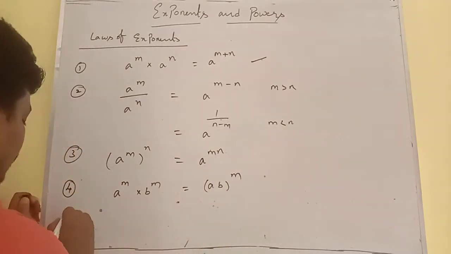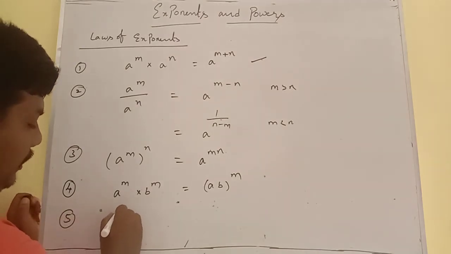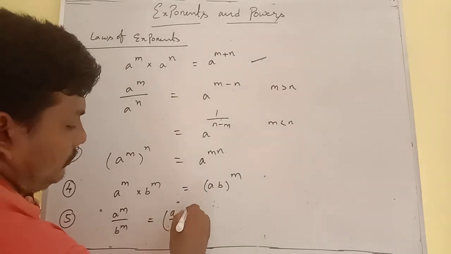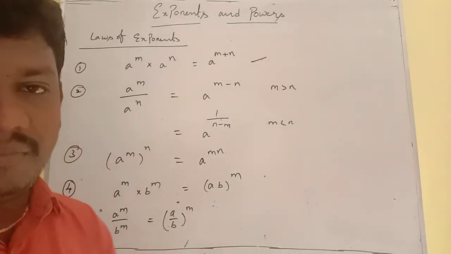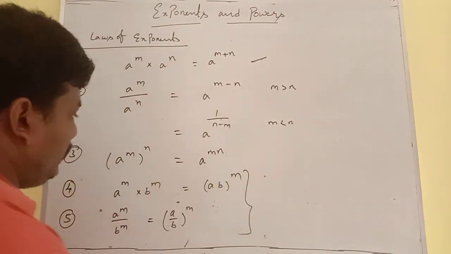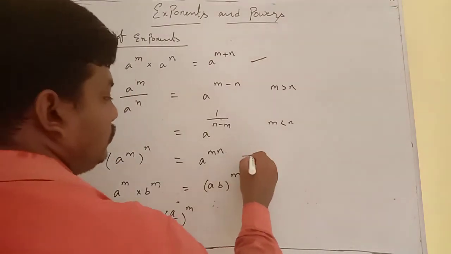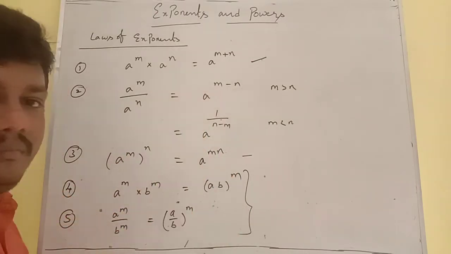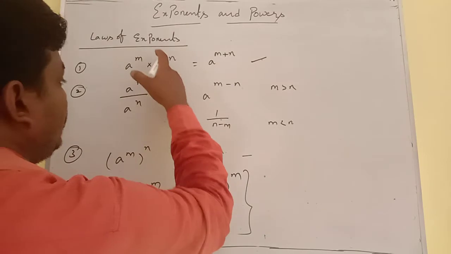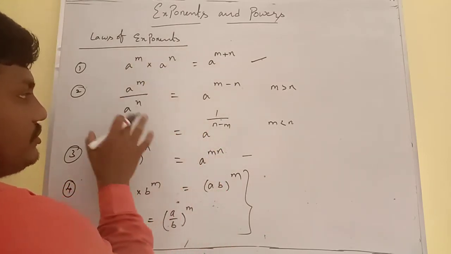In the same way, a power m by b power m can be written as a by b whole to the power of m, making it a common power. These two formulas come under making common powers. The previous formula comes under power whole power, which becomes the product of the exponents.